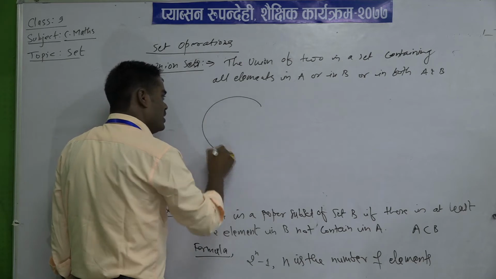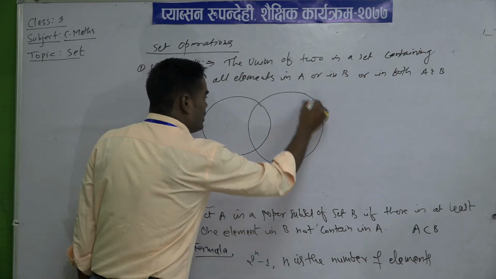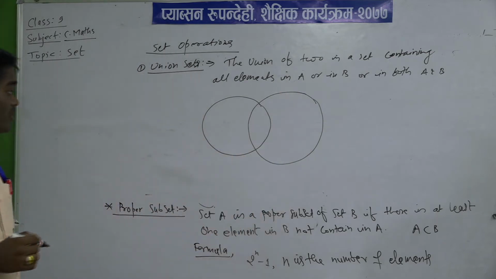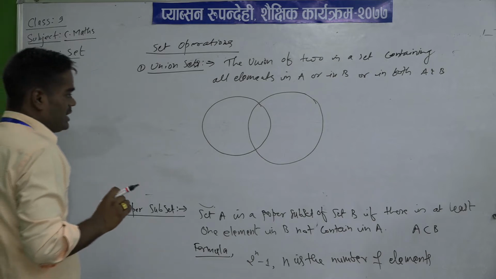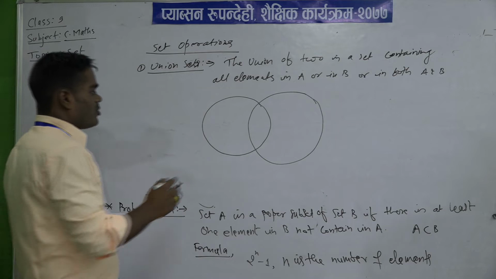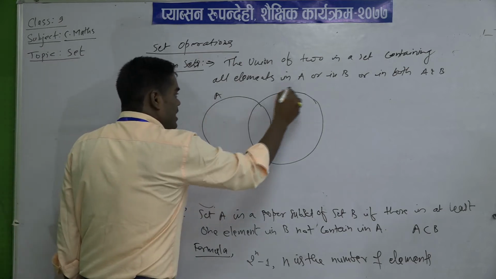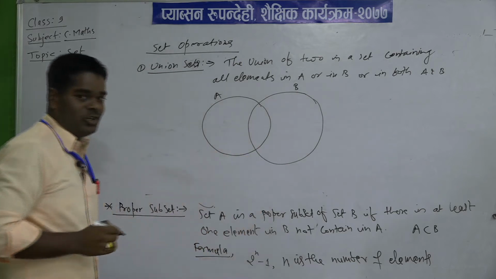So, draw the circle, and this is known as a Venn diagram. If there are two circles and some common region, such a region is known as the common region. That is why these two sets are known as overlapping sets. You have studied the term.